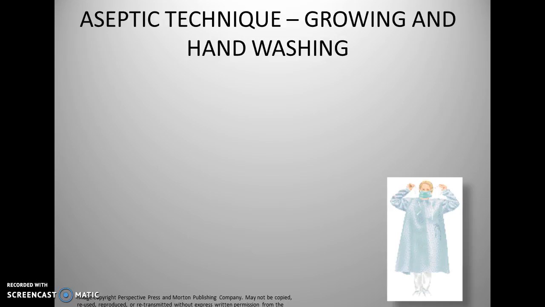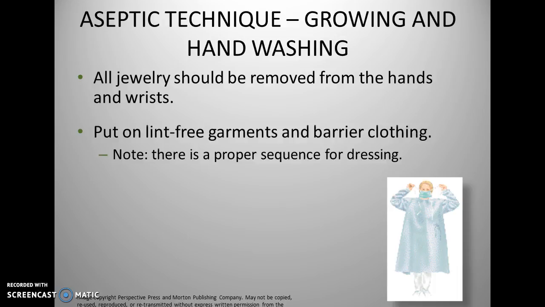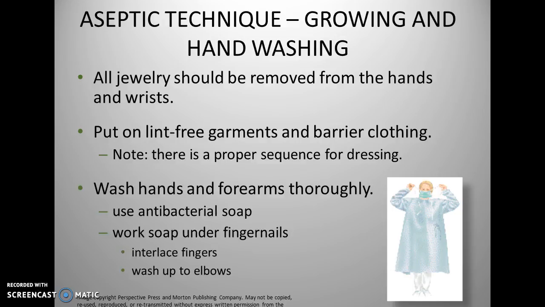They have boots, the booties that go over shoes, also a mask. All of those are very important, especially when working with a biological safety cabinet. All jewelry must be removed from the hands and wrists. Lint-free garments and barrier clothing should be used, and hand washing of the forearm. So basically, like you see in surgery.